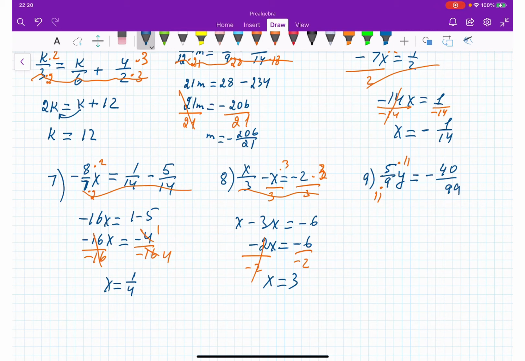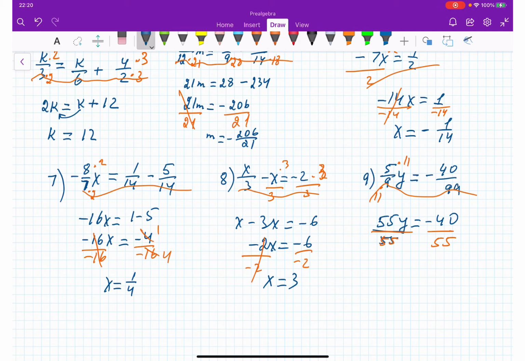So we drop 99, and result is 55y is equal to negative 40, right? And we divide by 55 here, 55 here, 55 here.